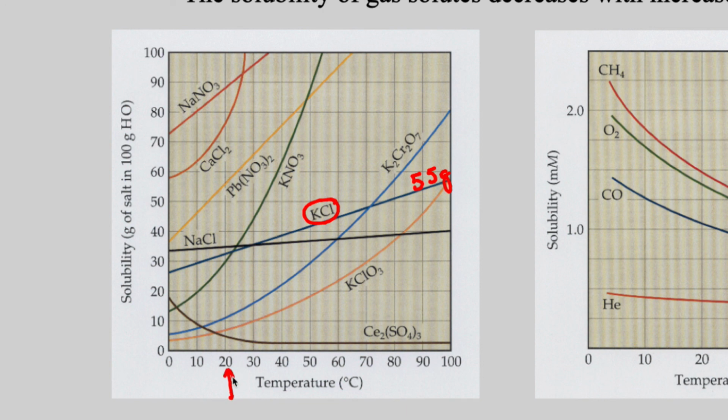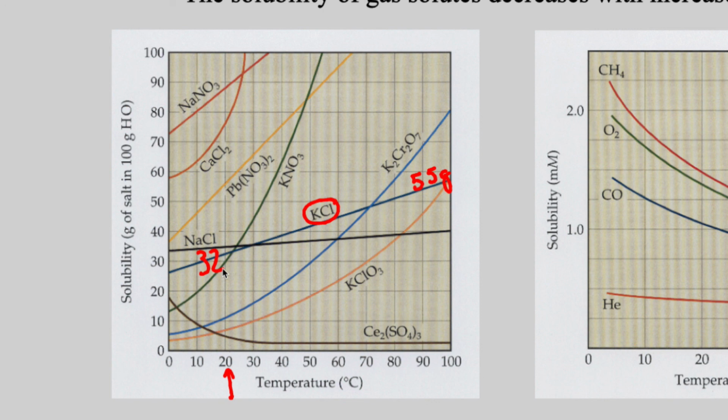Guys, at 20 degrees Celsius, how much potassium chloride can dissolve in the water? 30. So it's this line, right? This one here, so maybe 32 grams. So guys, here's the question. 23 fewer grams of potassium chloride can dissolve at room temperature than can dissolve when it's hot.